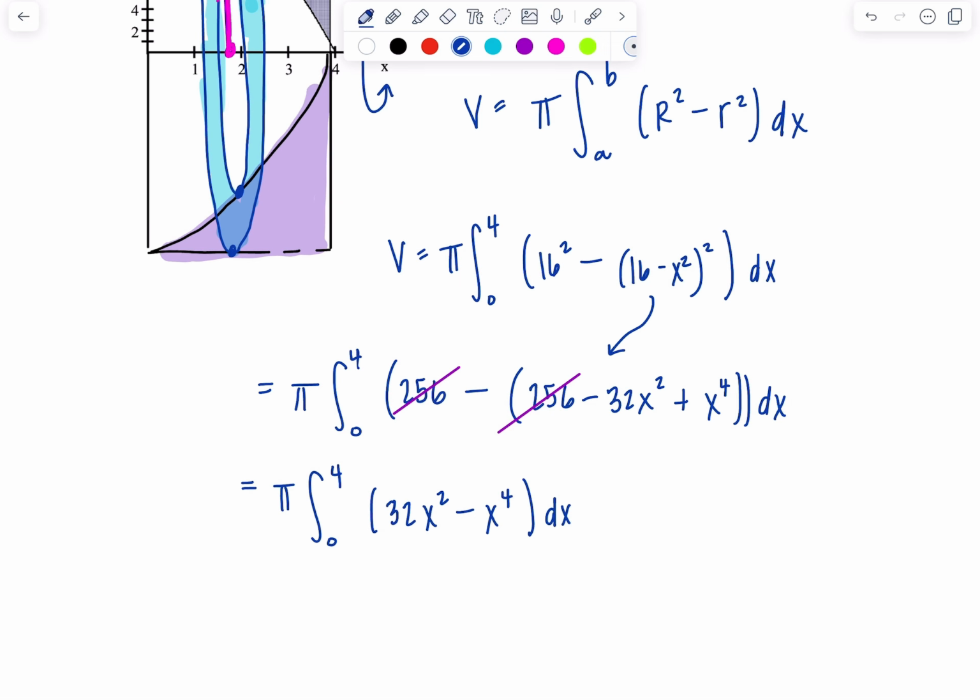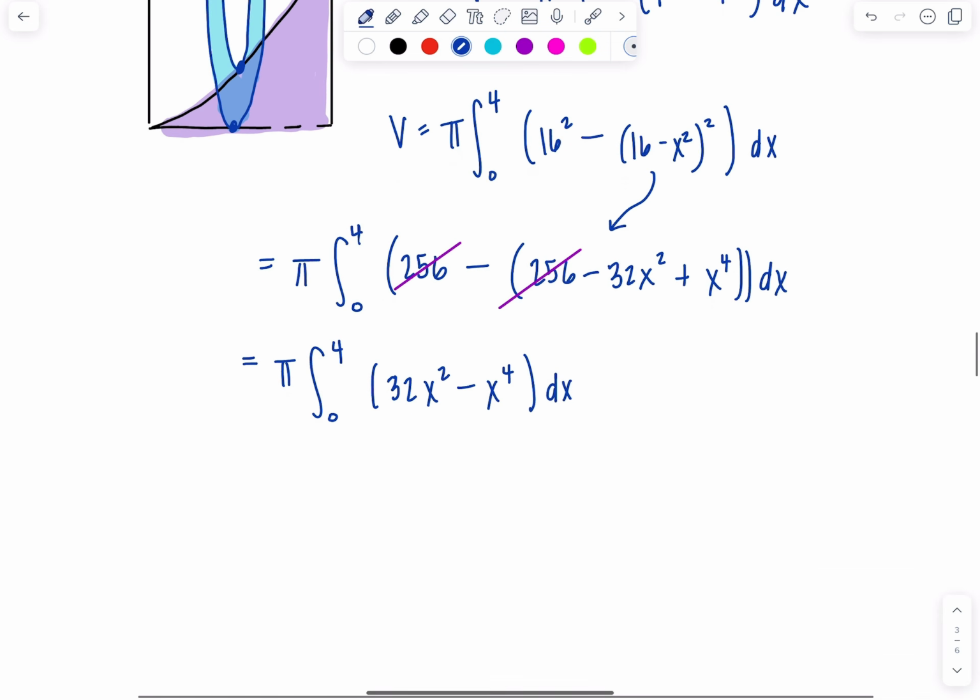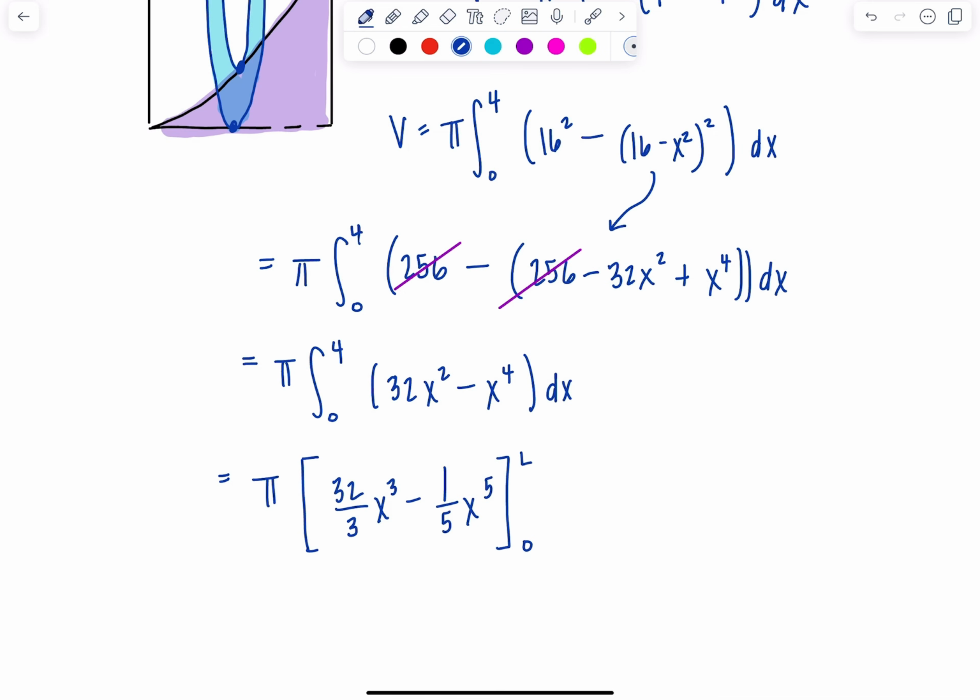And then now, time to anti-differentiate. Leave the pi outside. It's minding its own business. 32 over 3 x cubed minus 1/5 x to the 5th, all evaluated from 0 to 4. Excuse me. And then let's plug in our limit.